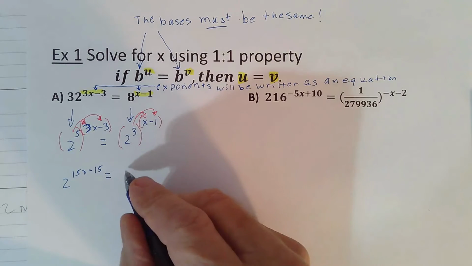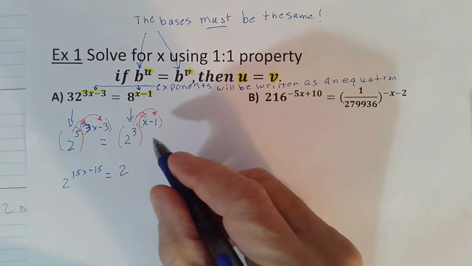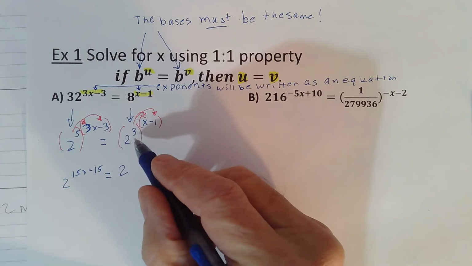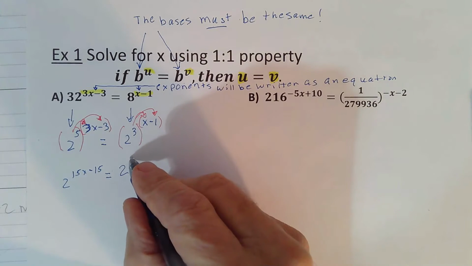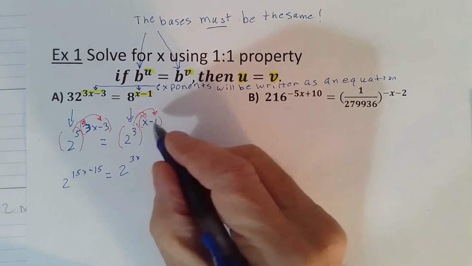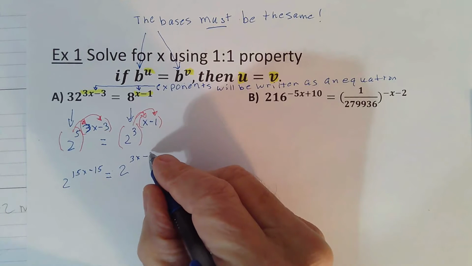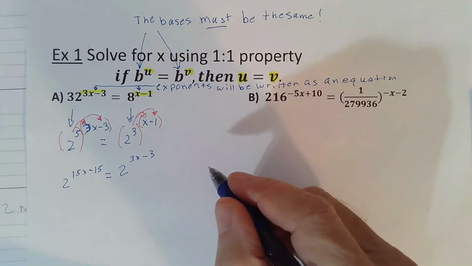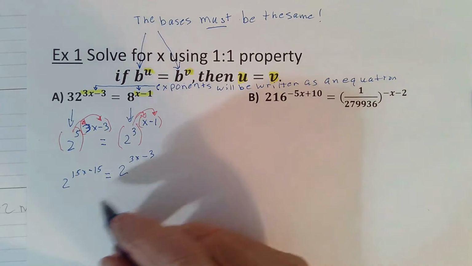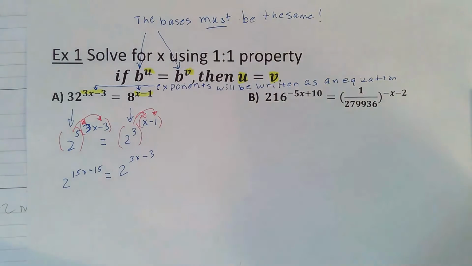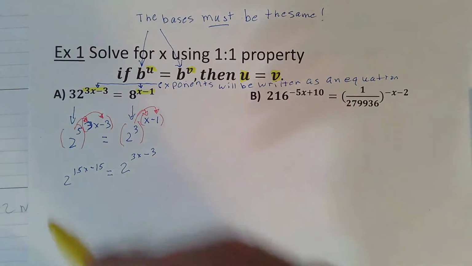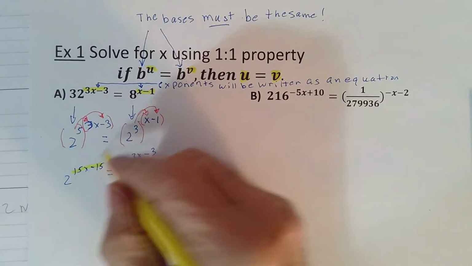And then over here on the right side of the equal sign, 2 to the 3 times x and 3 times negative 1, which is negative 3. Okay, so I've set up a new equation, and again, we're going to key in on the 15x minus 15.